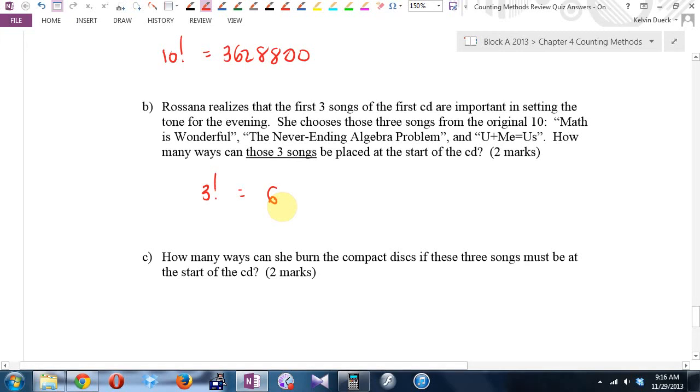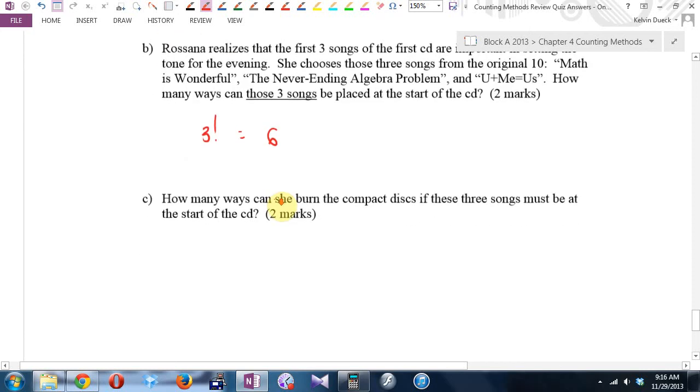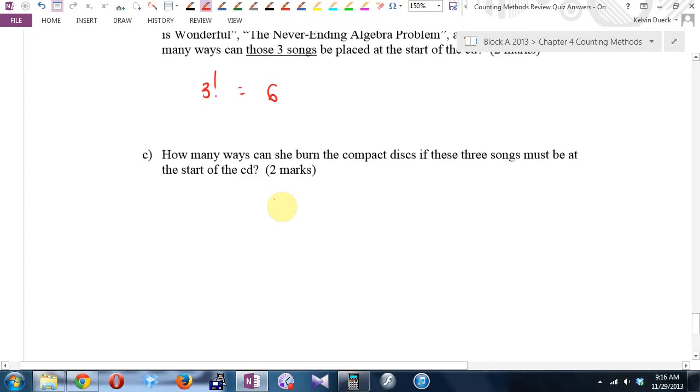But now what if we attach the rest? Okay, so how many ways can she burn the compact disc if these 3 songs must be at the start of the CD? So what we have then is this. Three songs, and then 1, 2, 3, 4, 5, 6, 7 blanks.